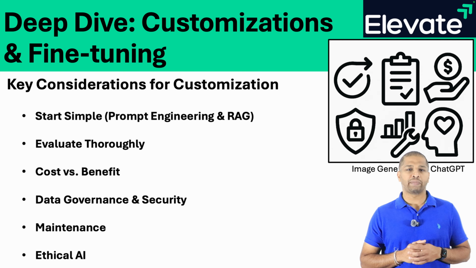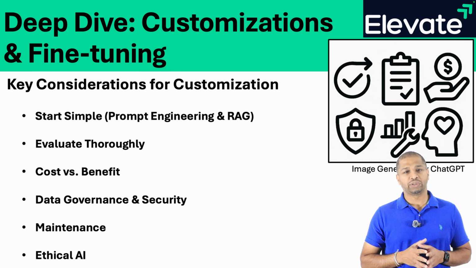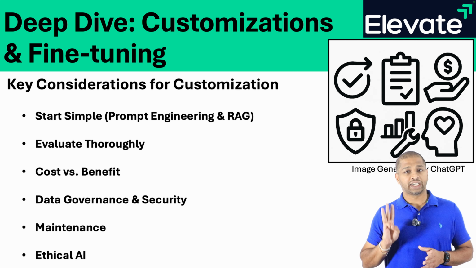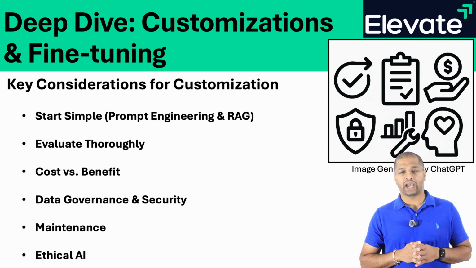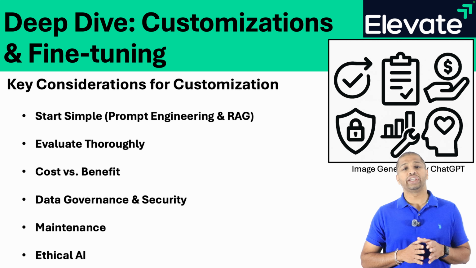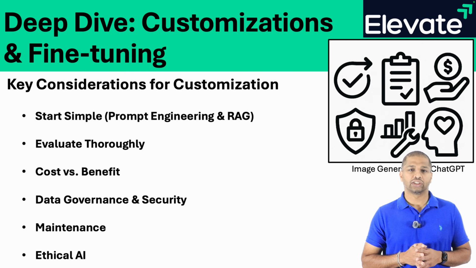Always measure the impact of your customization on performance, accuracy, and critically, the reduction of hallucinations. Third, weigh the cost versus benefit. Fine-tuning is an investment in time, data, and compute. Ensure the return on investment is clear for your specific use case.